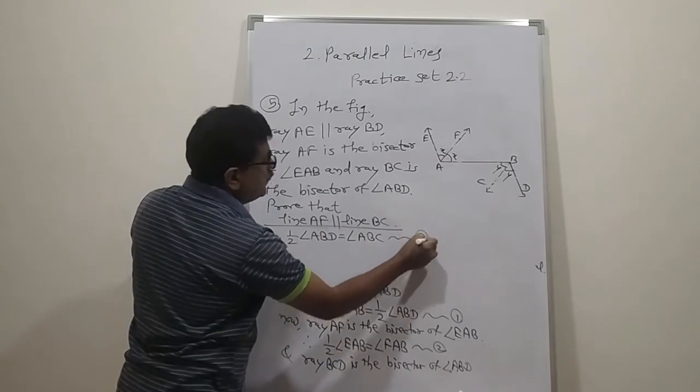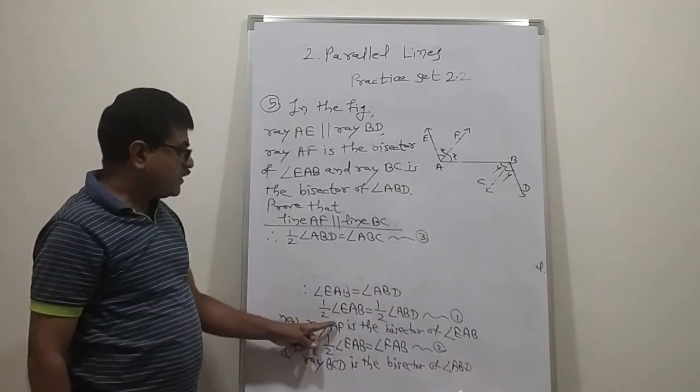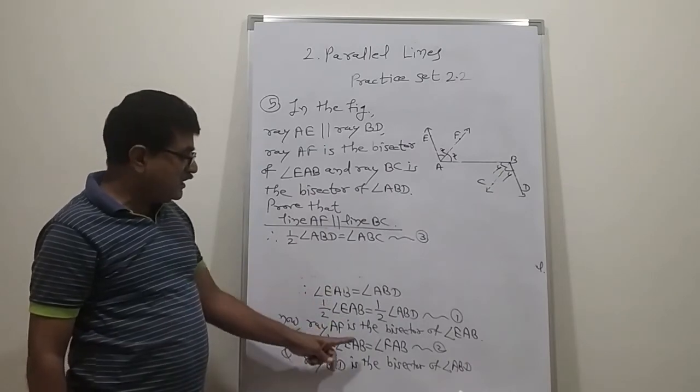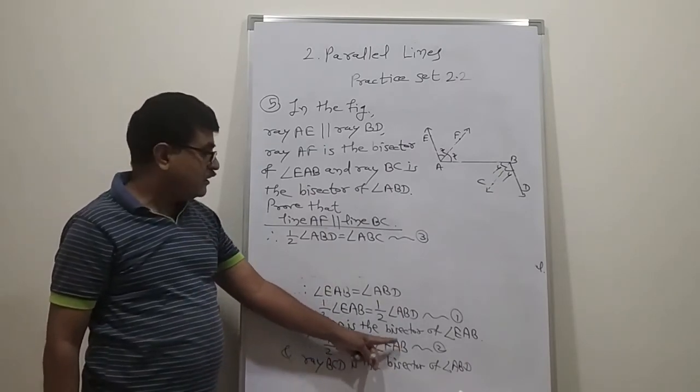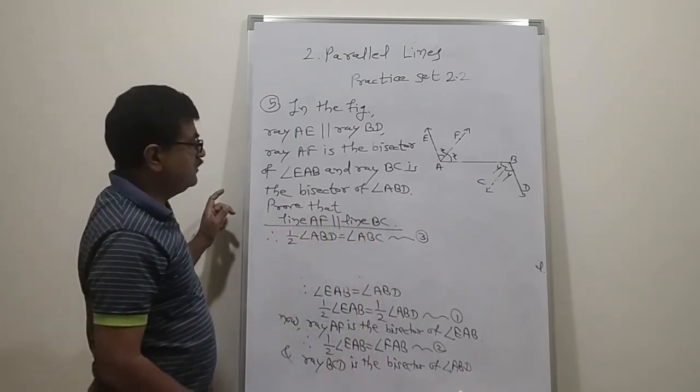This is number 3. Now from 1, 2 and 3, 1 upon 2 angle EAB is written as angle FAB and 1 upon 2 angle ABD is written as angle ABC.